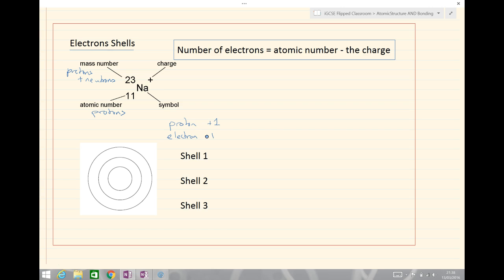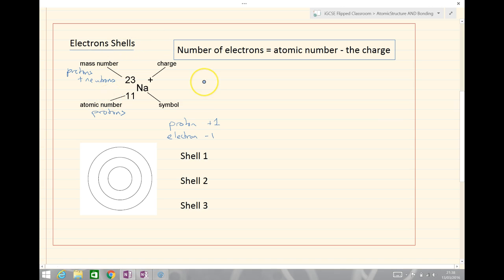So, first to working out our number of electrons. This is true for any atom or ion. The number of electrons is equal to the atomic number minus the charge. Let's just look at that for our example here for sodium.